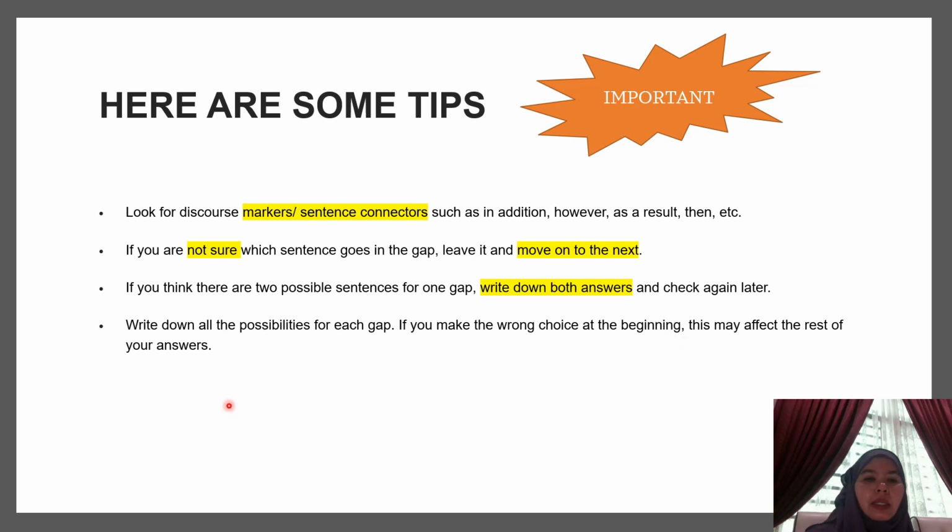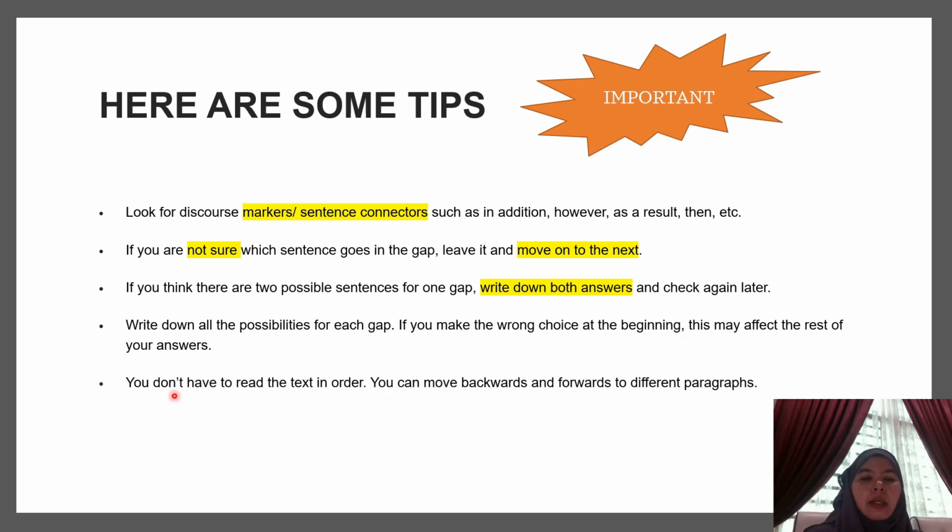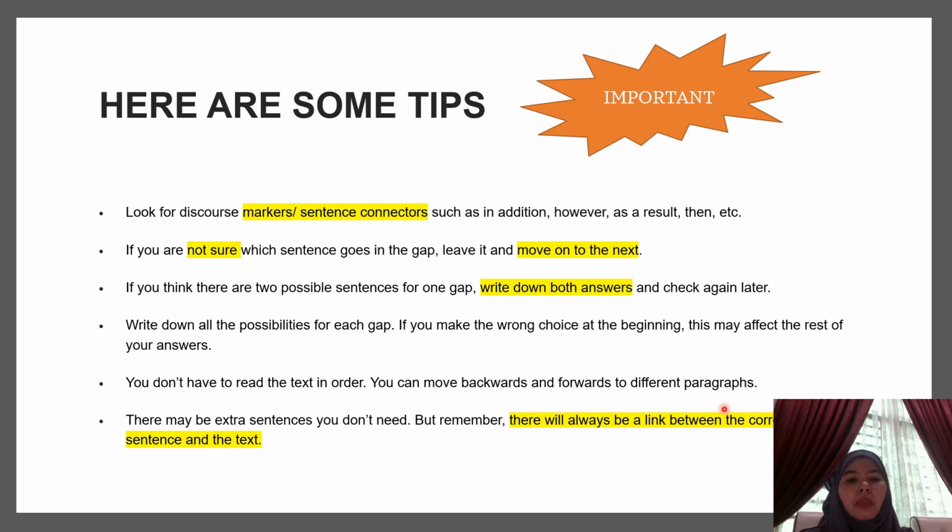You don't have to read the text in order, meaning that you don't have to read the text from the beginning. You can skim and scan first, and you can move backwards and forwards to different paragraphs. This is what I meant just now by skimming and scanning. Alright. Next, there may be extra sentences you don't need.